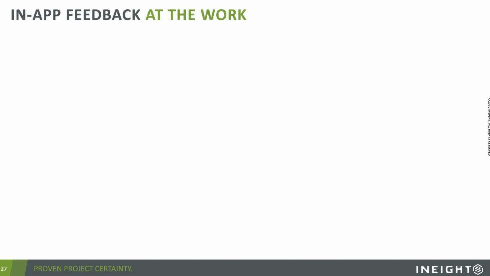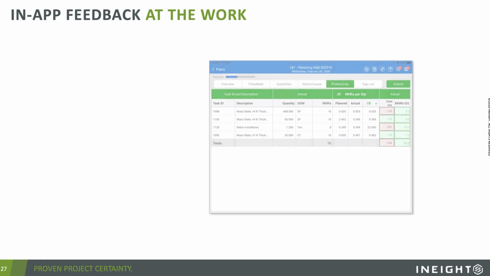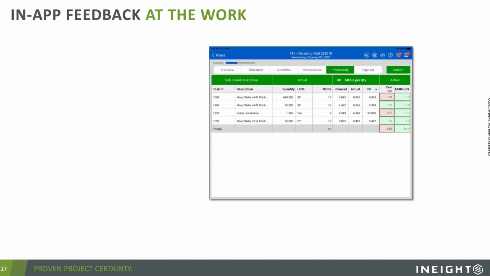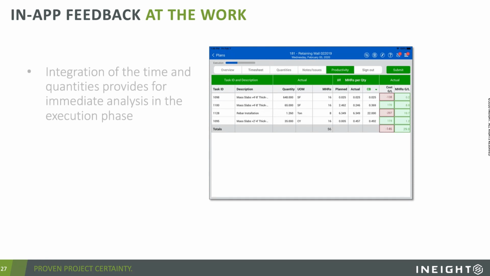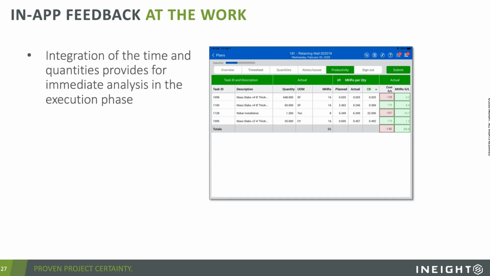And then as you stay in the application to capture the work, you get productivity feedback as the work is complete. So integration of the time and the quantities on that single mobile application allows for immediate analysis of what's happening. We've got people and hours, those have costs.